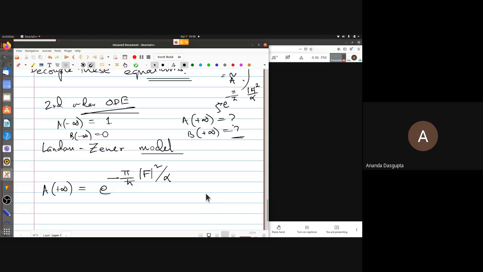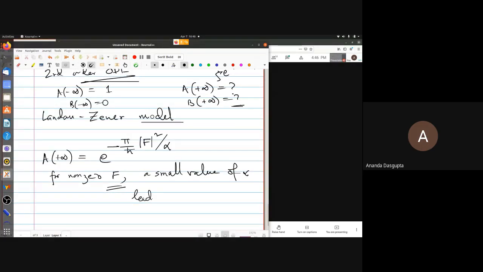So this is a very, very small quantity. So for zero f, no matter whether alpha is big or small, doesn't matter. But for non-zero f, a small value of alpha leads to a tiny A at plus infinity.